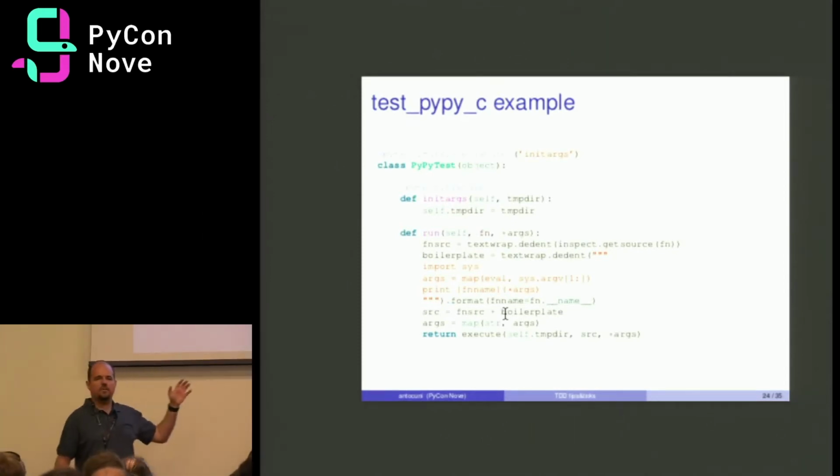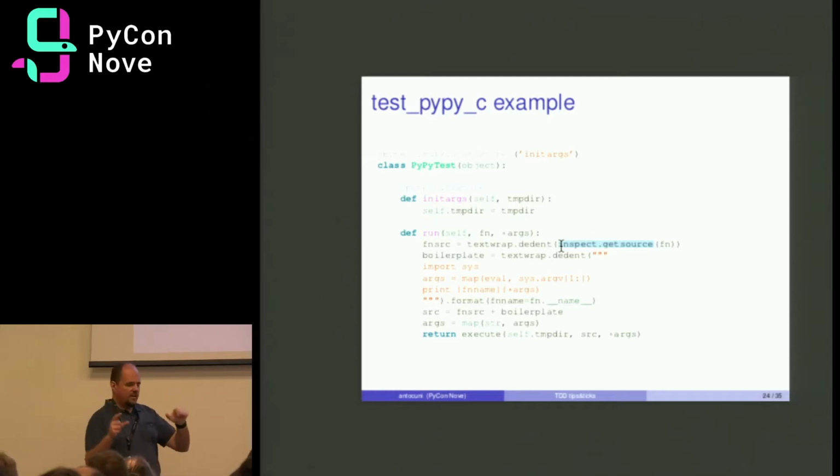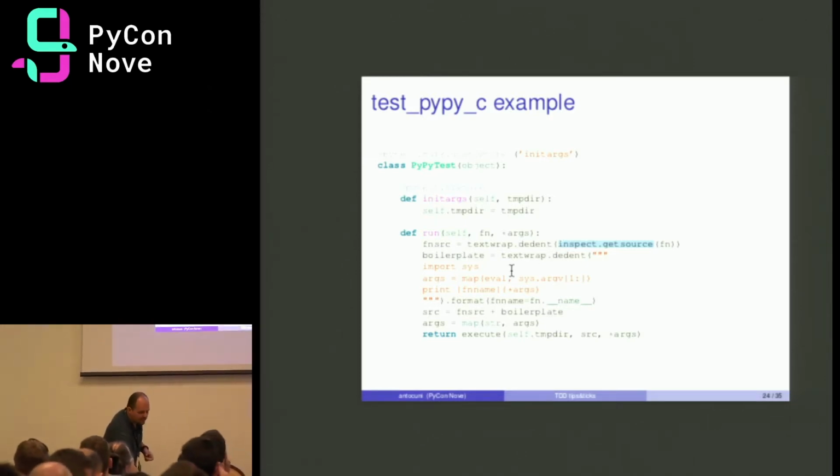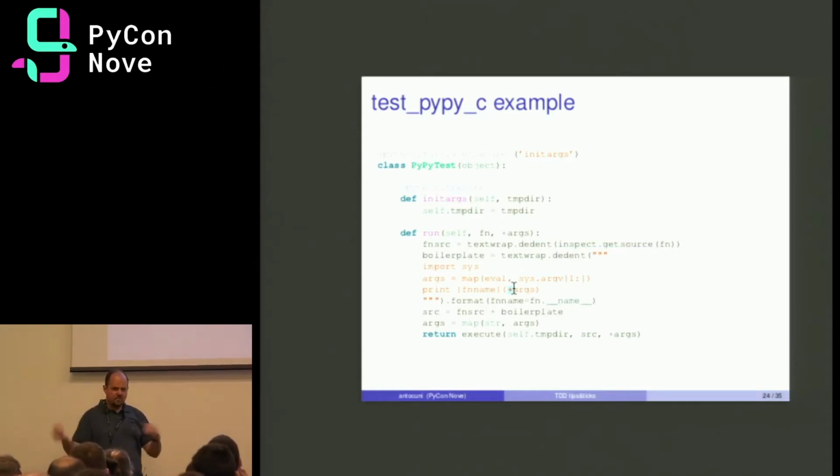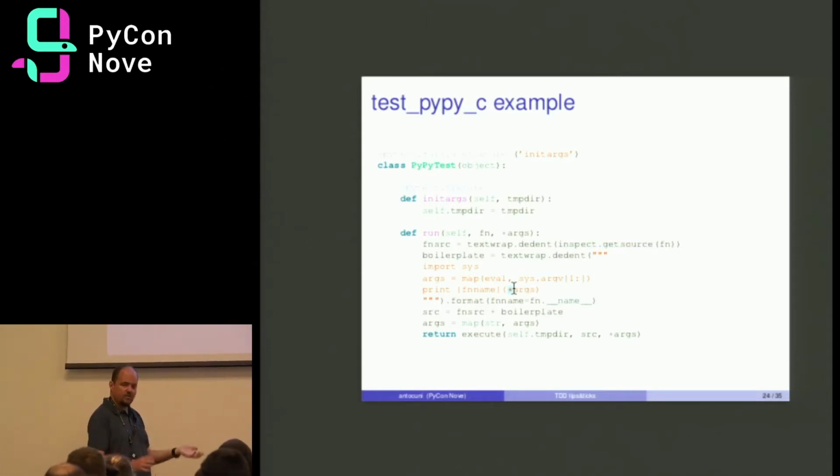I'm not going into the details, but if you skim over the code, you see that basically we use the inspect module to get the source of the function, the inner function I wrote in the test, as a string, so I can put it in a temporary file and execute the subprocess. I have this boilerplate which converts the arguments from strings to Python types and so on, and returns the result.